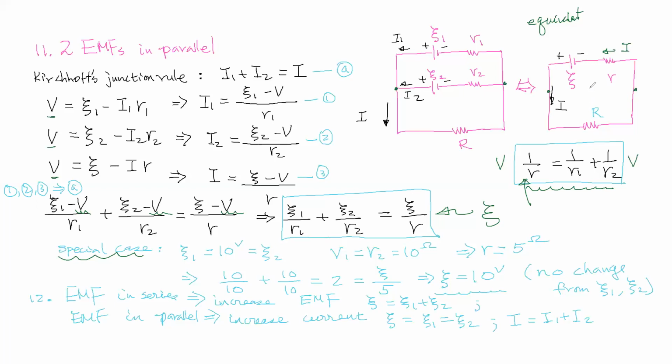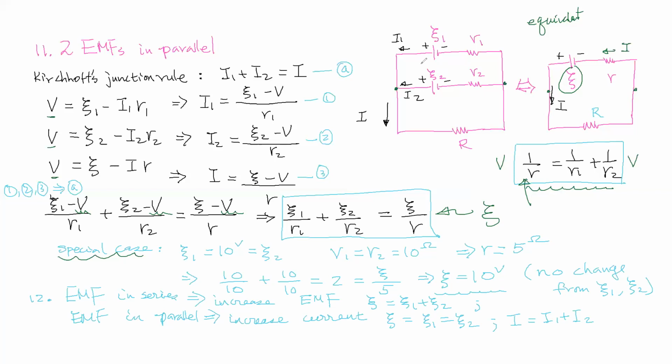So you can see that this epsilon, in this special case, is the same as epsilon 1 and the same as epsilon 2. In general, when you add two EMFs in parallel, you don't really change the EMF. The EMF will still remain the same.